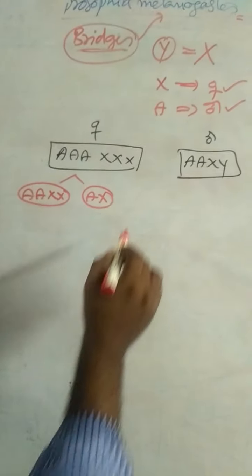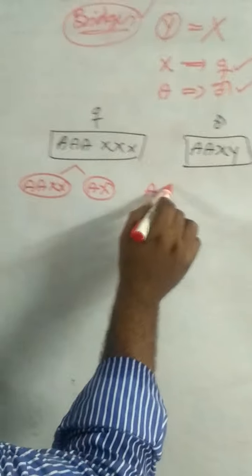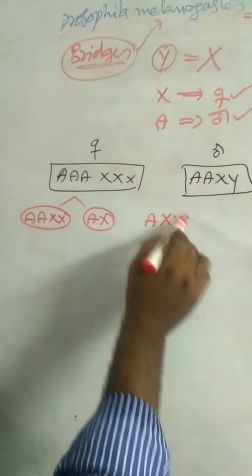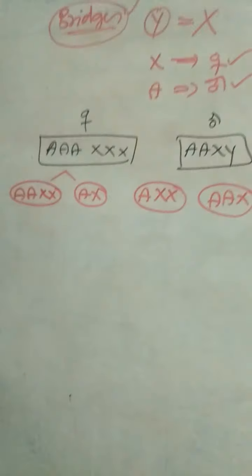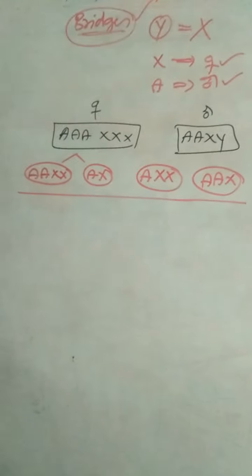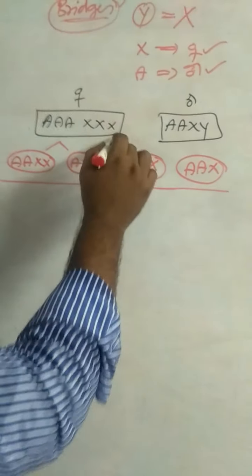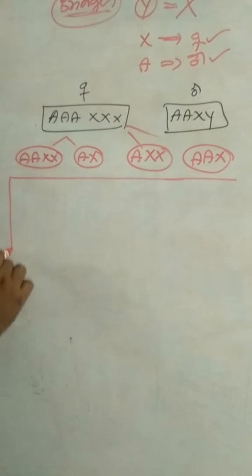Another chance is one autosome and two X chromosomes, or two autosomes and one X chromosome. So the triploid female produces four types of gametes.